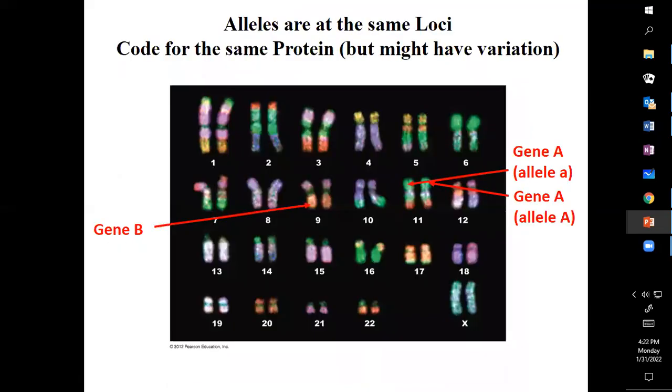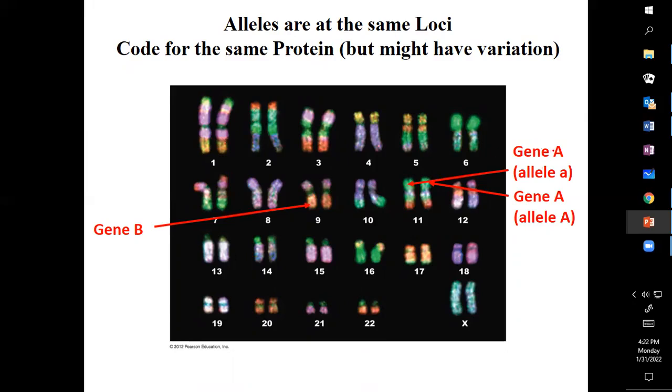I just want you to look at a chromosome for a second. Here's a karyotype of a human. So this is not what you would see in a pea plant, but just as a depiction, if you took all the chromosomes from a somatic cell, they exist in pairs, one from mom, one from dad. Well, the genes are physically located on the chromosomes.